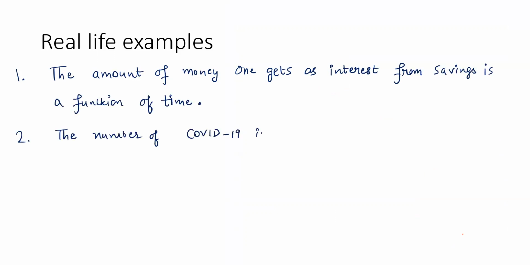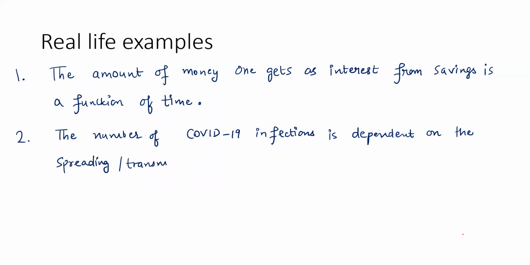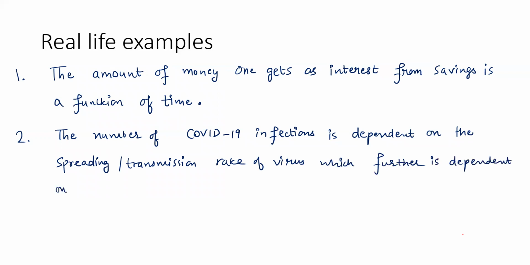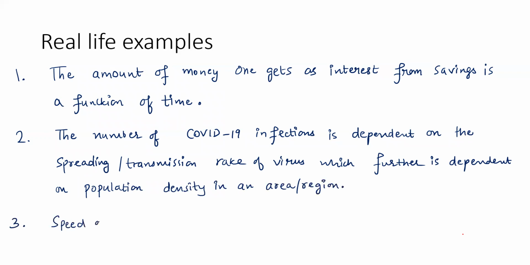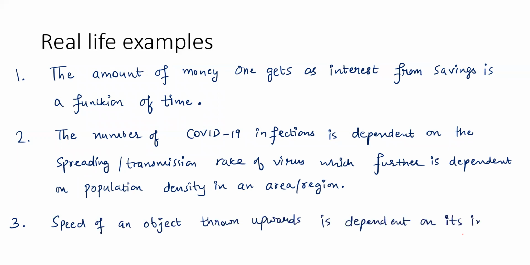The number of COVID-19 infections is dependent on the spreading or transmission rate of the virus, which further depends on the population density in that area or region. And the speed of an object thrown vertically upwards is dependent on its initial speed. So these are the three examples.